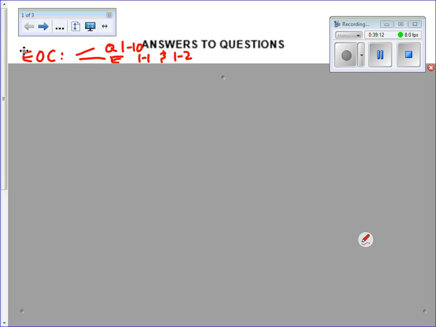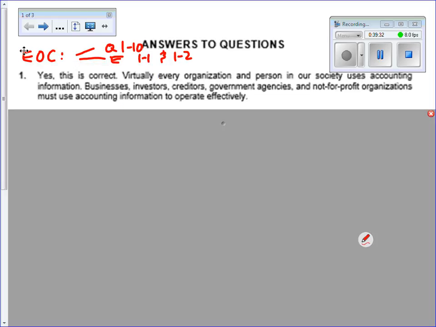I'm on page 32 in the textbook, question 1, down at the bottom. Accounting is ingrained in our society, and it's vital to our economic system. Do you agree? Notice they don't say do you disagree? Do you agree? And explain why. My apologies about it being slightly blurry. But the book says, yes, that is correct.